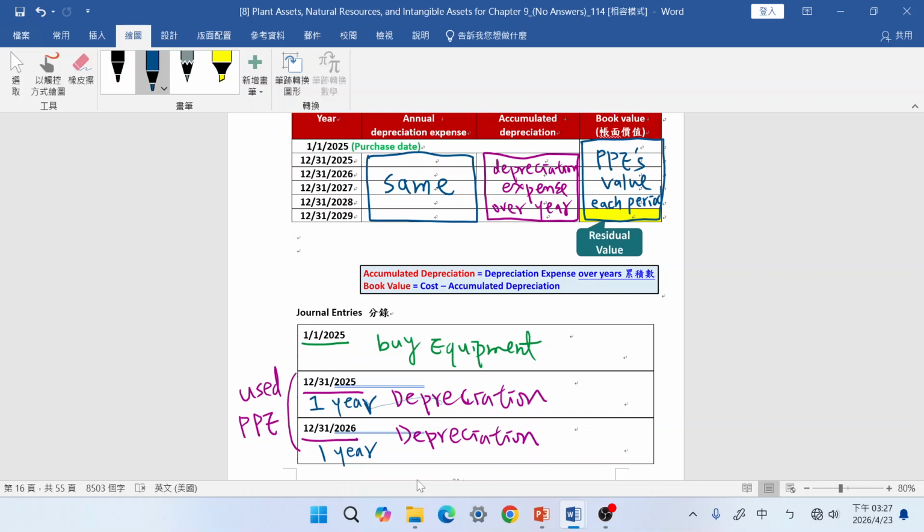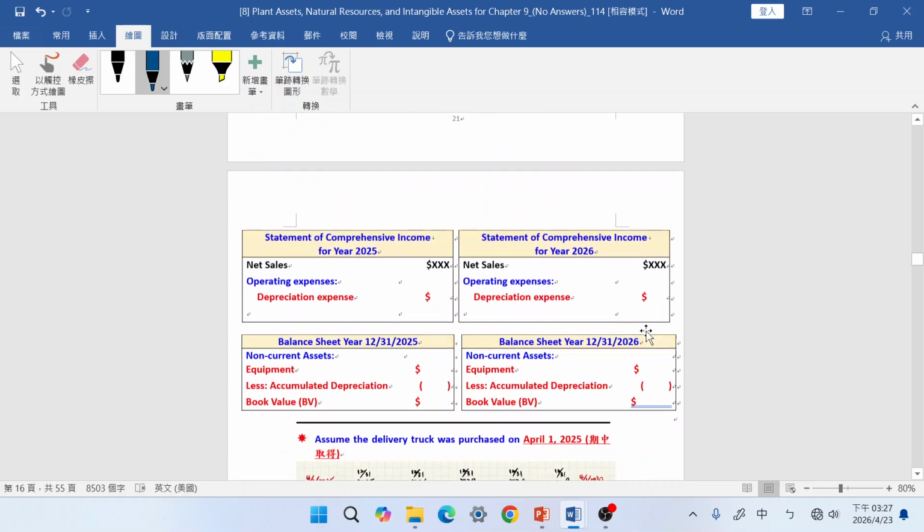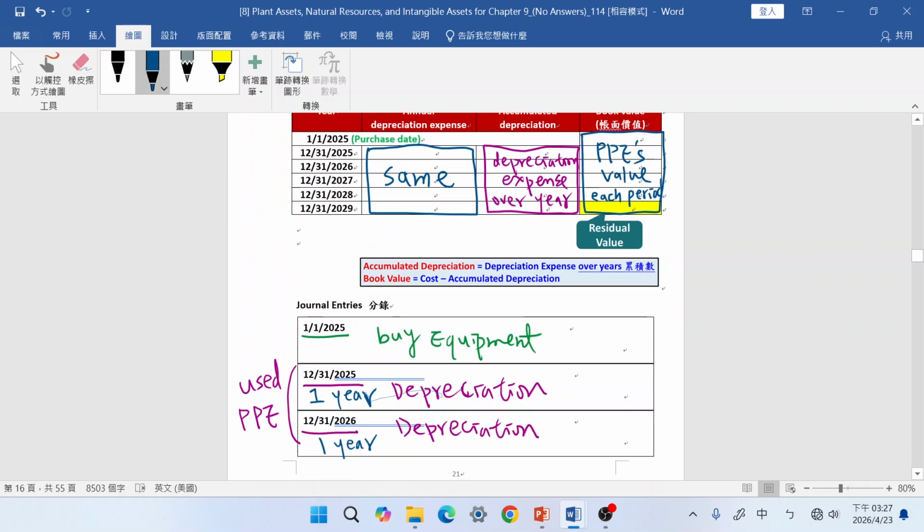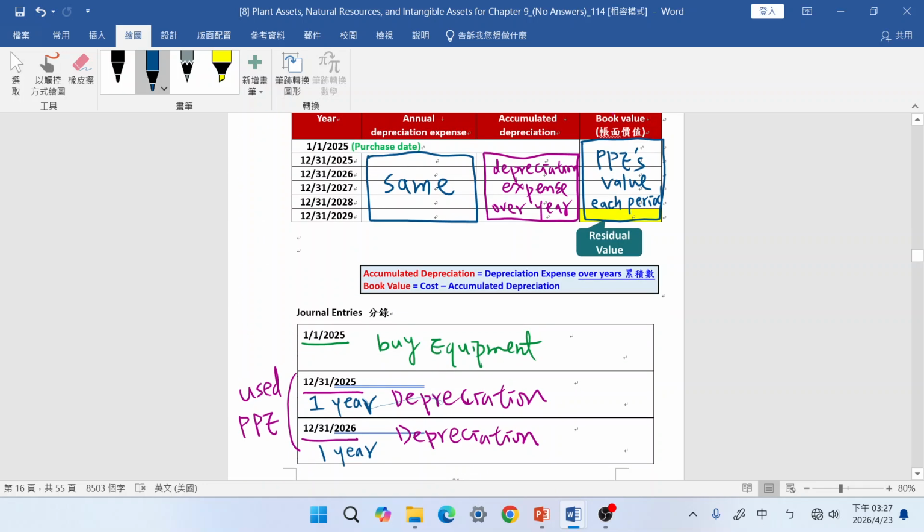After you write down the journal entry, don't forget what our purpose is: prepare your financial statements right here. Okay? So please finish page 21 and page 22. Finish the table.